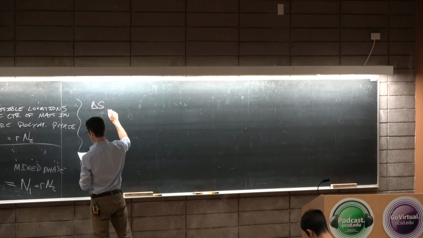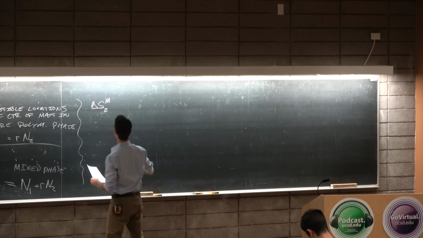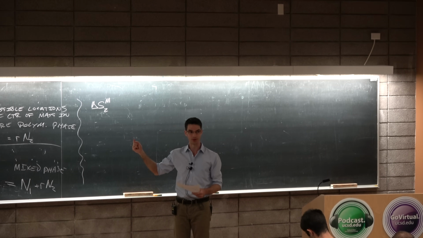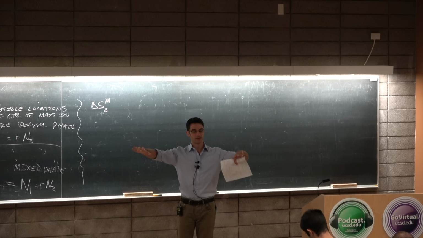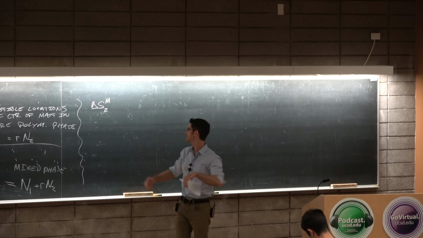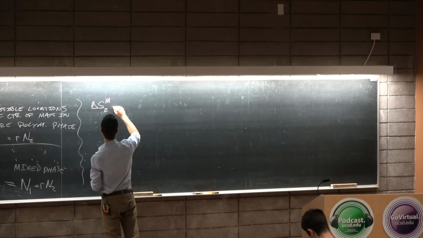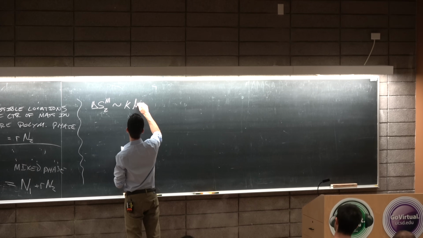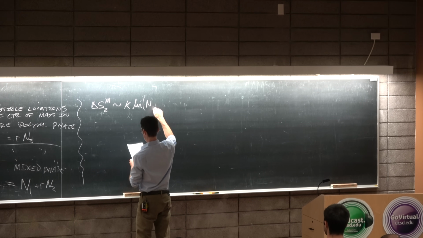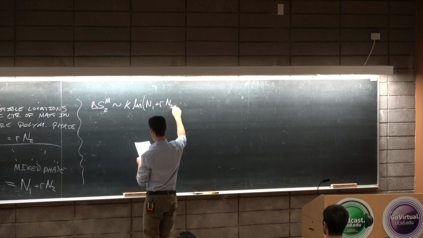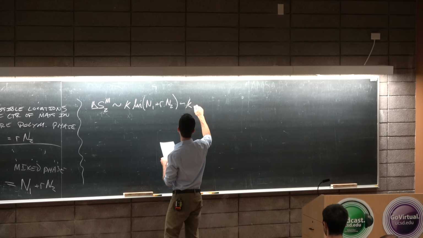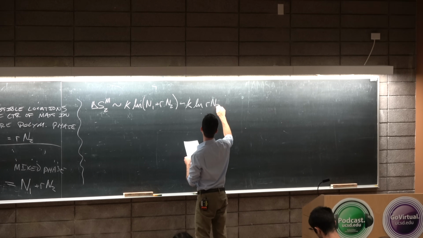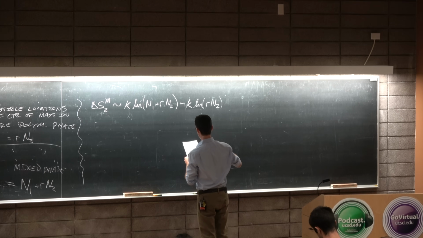Okay, so considering only the change in entropy from the perspective of one polymer molecule going from the pure phase to the mixed phase is k natural log of N1 plus R N2 minus k natural log of R N2.